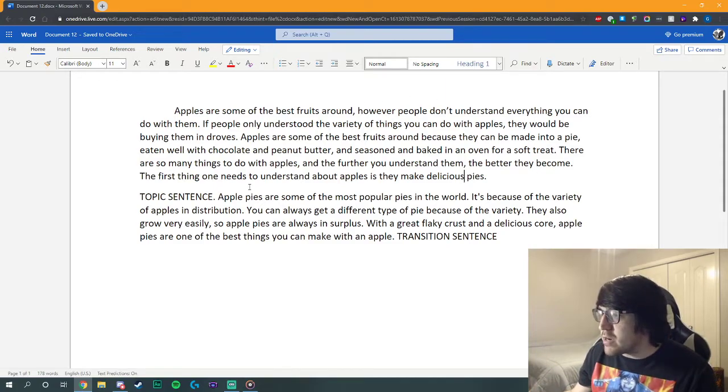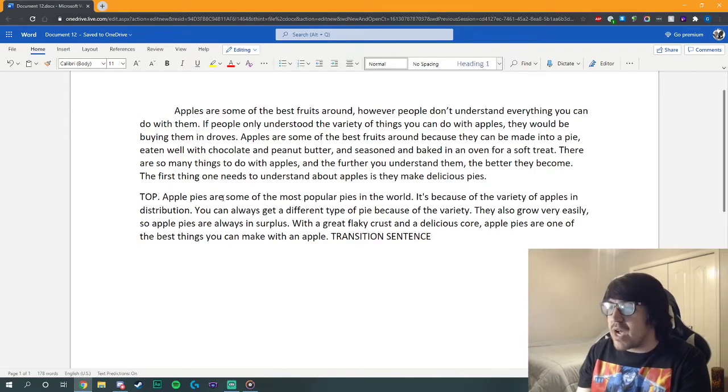So we've got our transition sentence: the first thing one needs to understand about apples is they make delicious pies. So let's make a super simple topic sentence here.